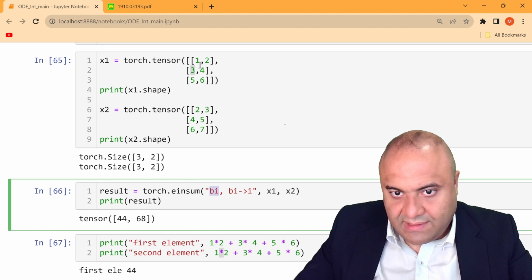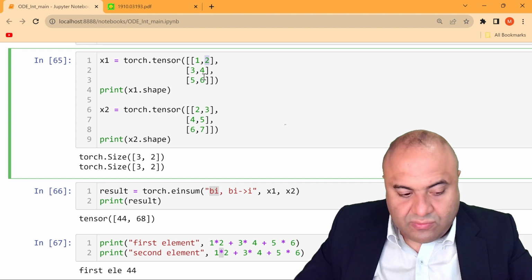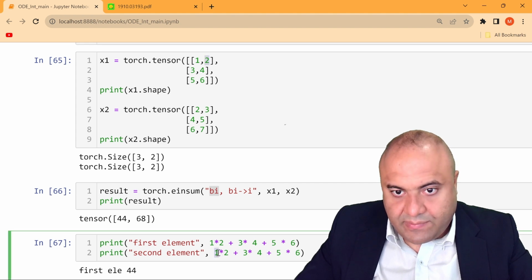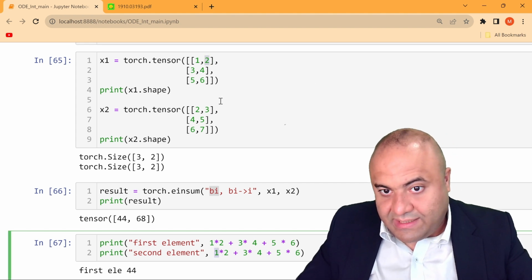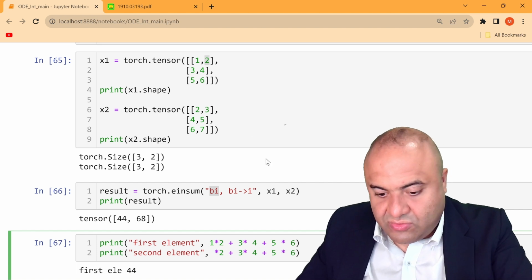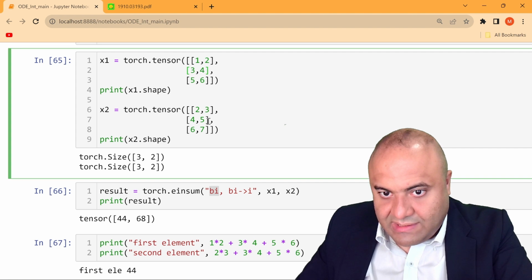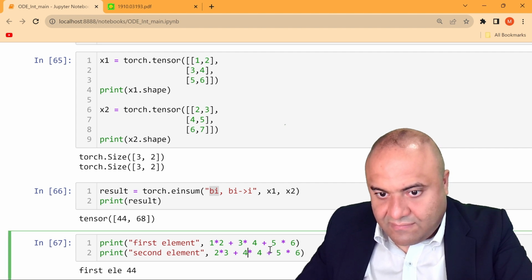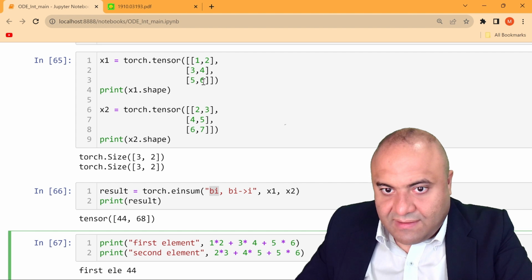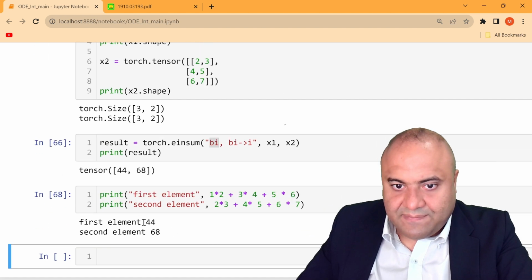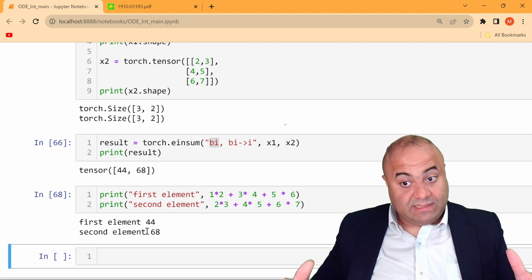We have 2 multiplied by 3, 4 multiplied by 5, 4 multiplied by 5, 6 multiplied by 7, 6 multiplied by 7, and you have the second element, 68. That's how it works.